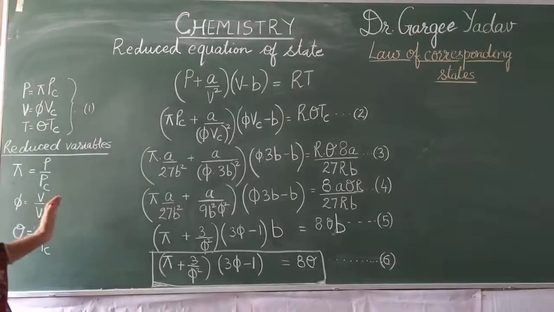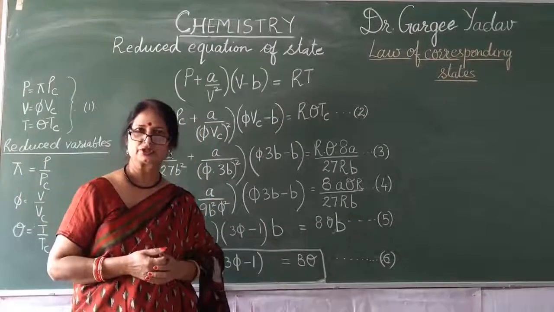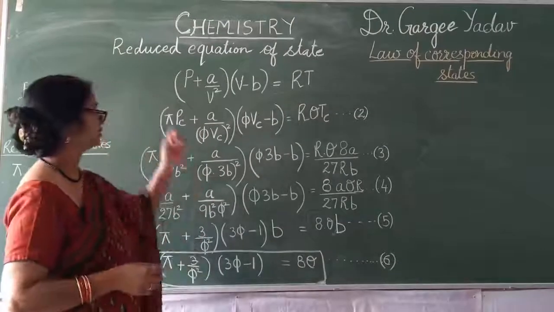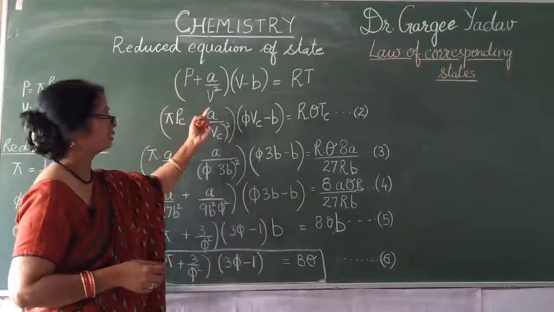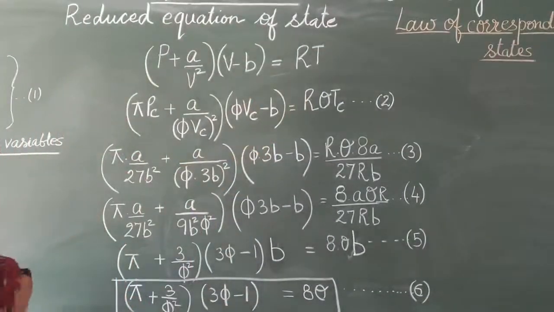So let us begin with the van der Waals equation. We all know that the van der Waals equation for 1 mole of gas is given by (P + a/V²)(V − b) = RT. So this is the van der Waals equation.